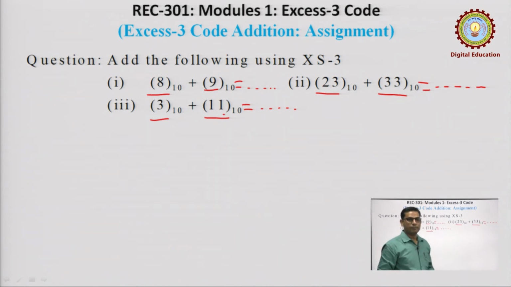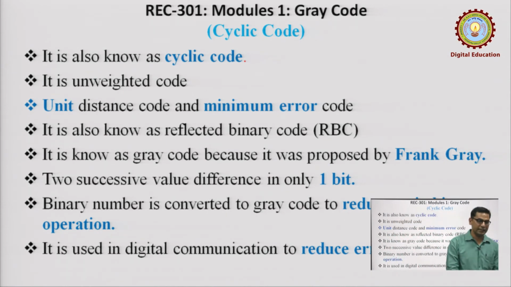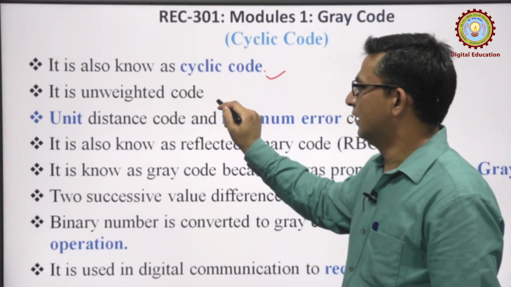Okay. So, now the next topic is cyclic code. Cyclic code is also known as gray code. Gray code is also known as cyclic code. It is an unweighted code, unlike the BCD code.